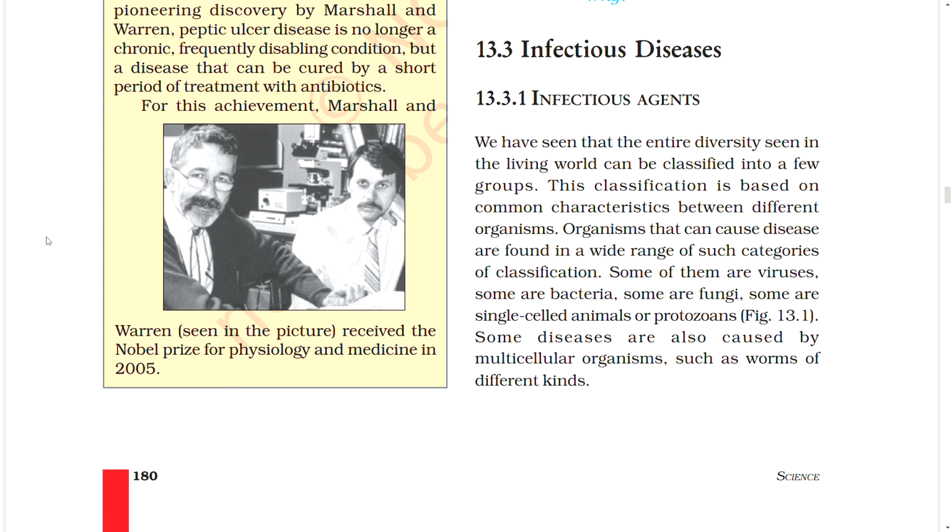Organisms that can cause diseases are found in a wide range of such categories of classification. Some of them are viruses, some are bacteria, some are fungi, some are single-celled animals or protozoans. Some diseases are also caused by multicellular organisms such as worms of different kinds.